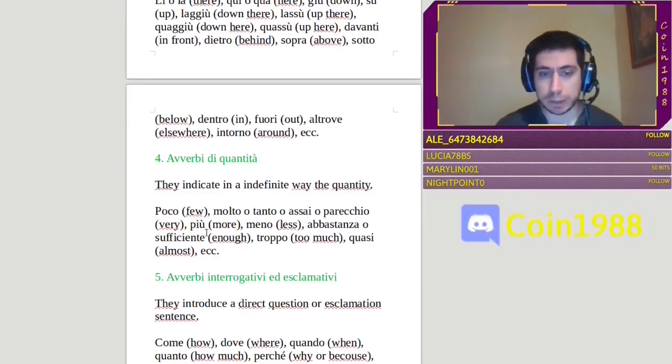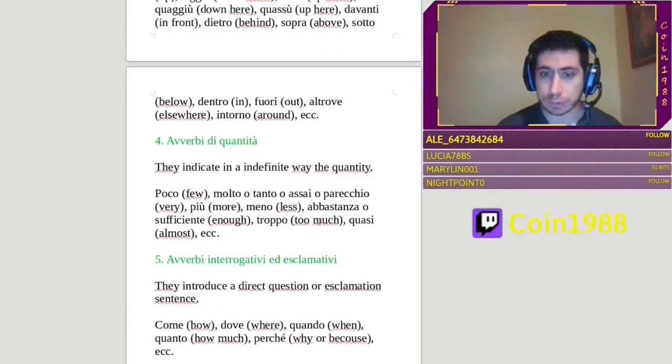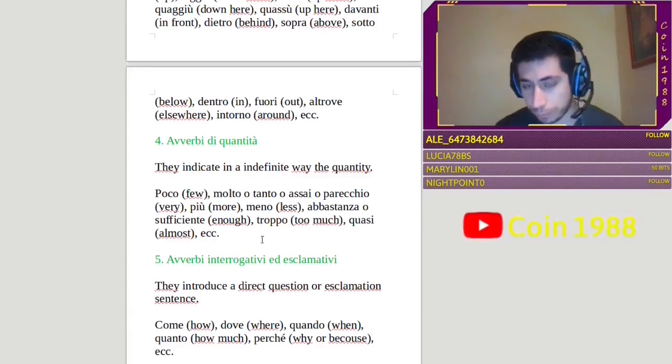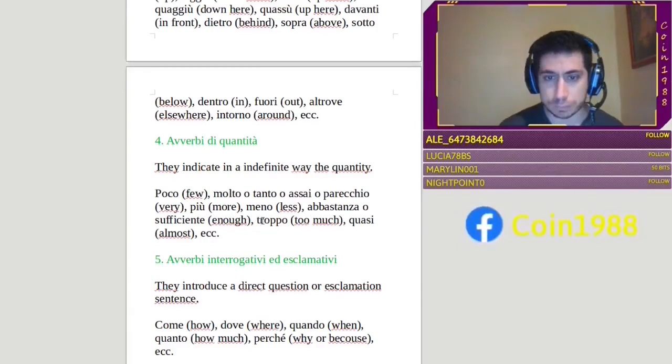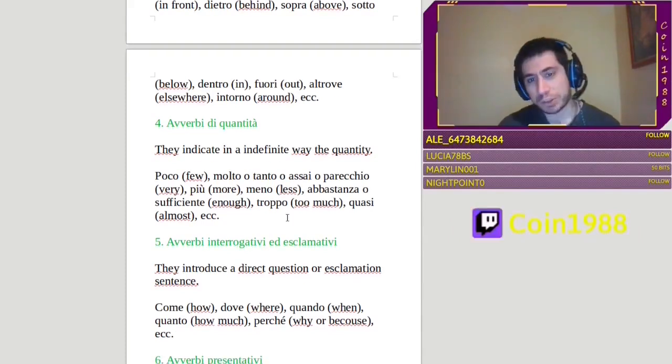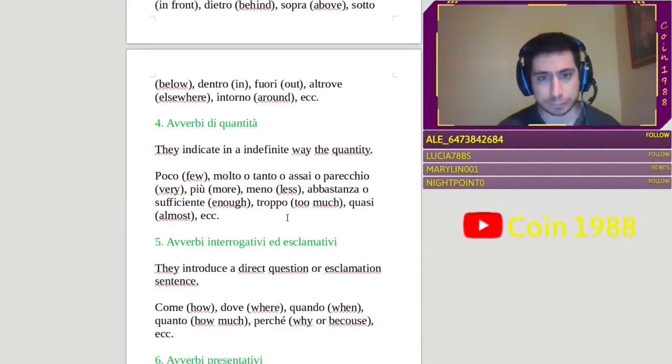Più, that means more, meno, that means less, abbastanza or sufficiente, meaning enough, troppo, too much, quasi, almost, etc.